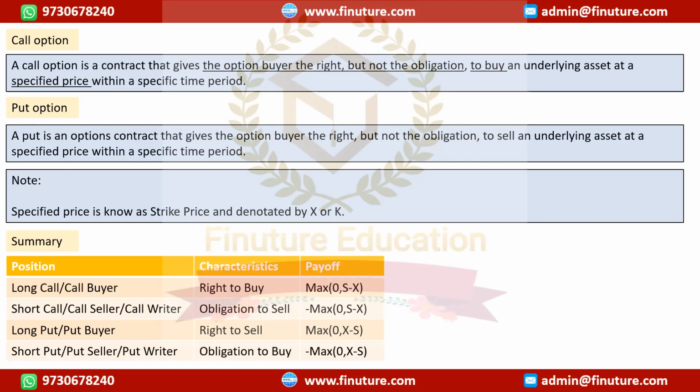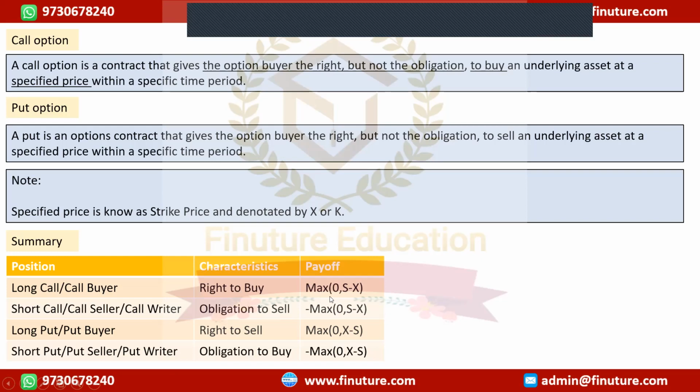If I were to summarize, the above definitions are from the long party's perspective. So if I say long call or call buyer, it has a right to buy, and when I say payoff, it's the formula you need to calculate the intrinsic value of the call option.